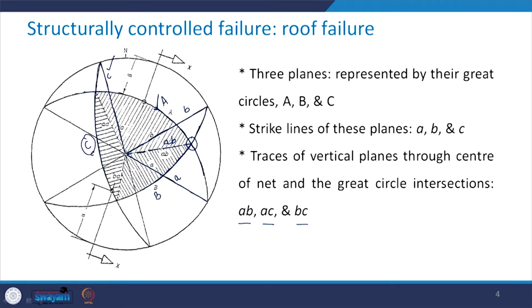Similarly, this is the great circle A and this is the great circle C, and at this point they intersect each other. Join this with the center and you will get AC. Similarly, circle B and great circle C intersect at this point, join it and this is what you will get as BC. These represent the traces of vertical planes through the center of the net and the great circle intersections.